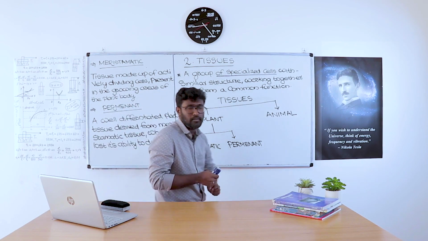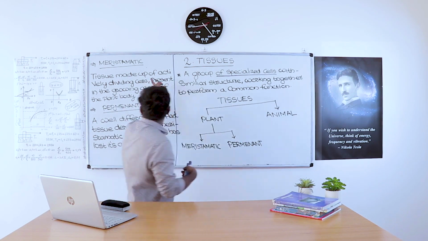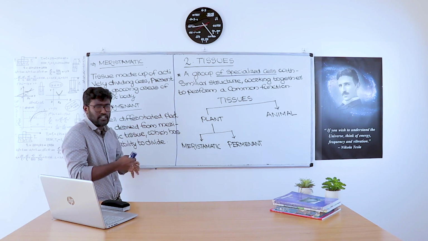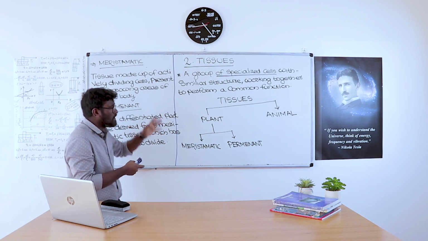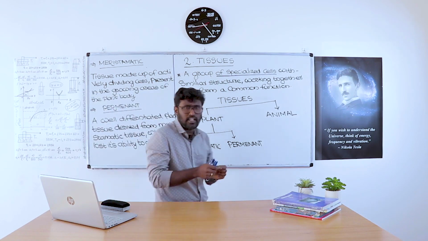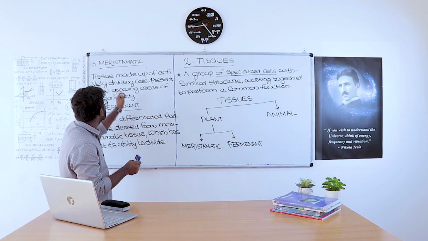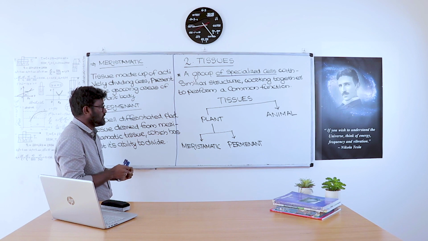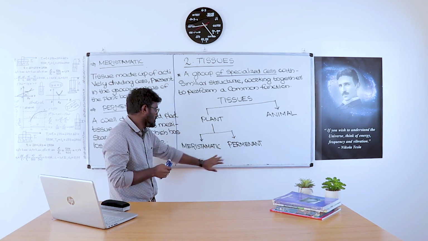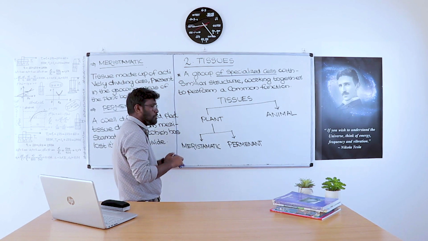So tissue made up of actively dividing cells and present in the growing areas of the plant body is called meristematic tissue.